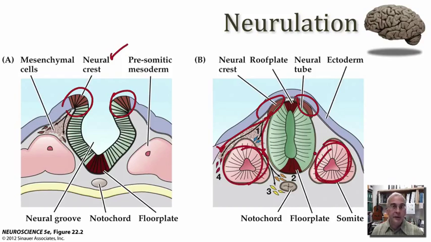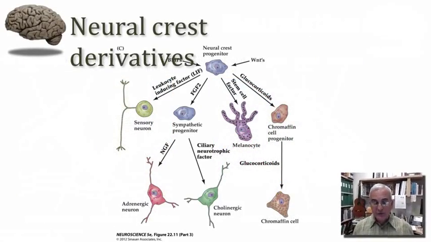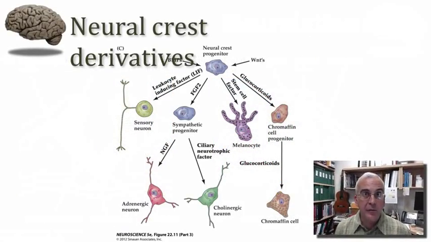So as these cells migrate away from that dorsal lateral neural crest, they are exposed to all kinds of signals that generate a rich variety of progeny of these neural crests. And these progeny include both neurons as well as non-neural structures.